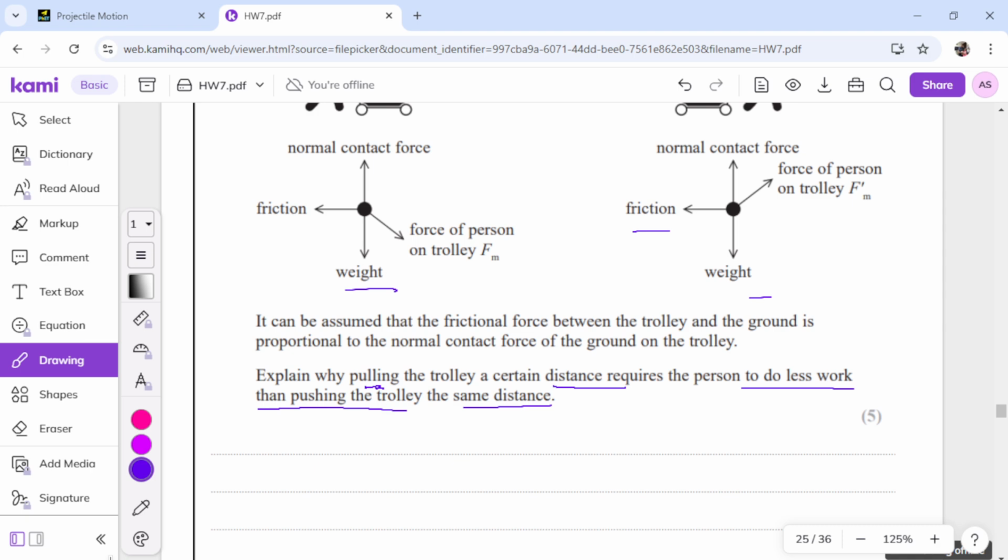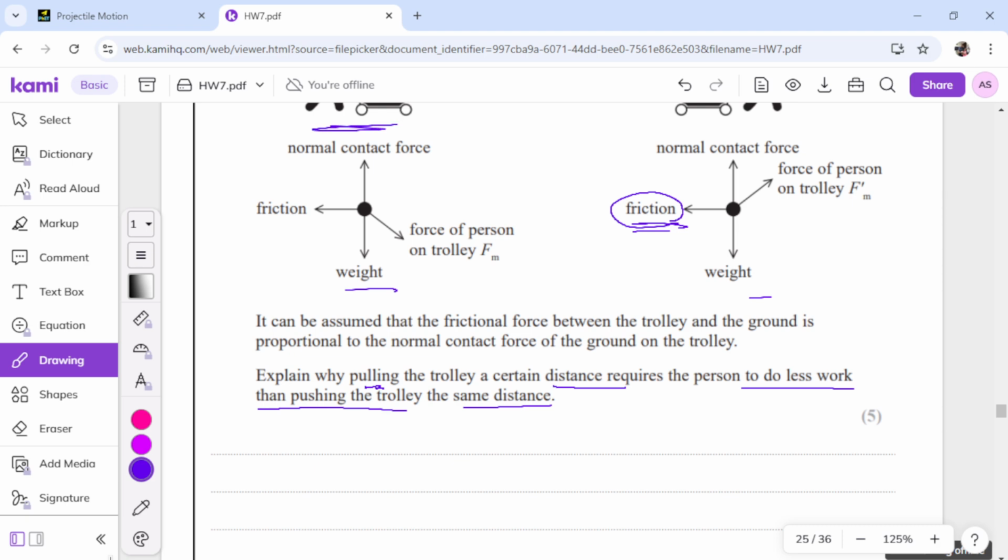The force against friction, because the person will move the trolley horizontally, and the only force that acts in the horizontal level is what? Frictional force.